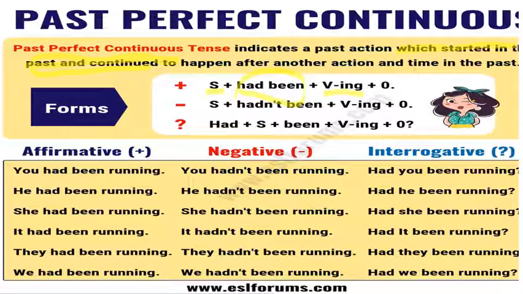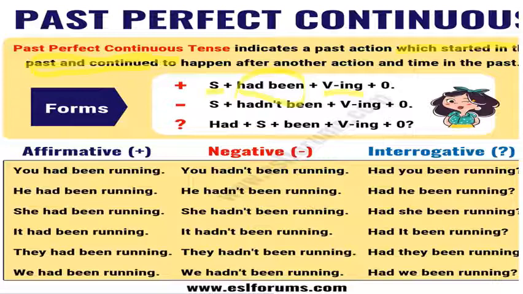Fine. Having talked about the simple past perfect, let's talk about the past perfect continuous. When do I use the past perfect continuous? It indicates that there is a past action. This action started in the past and it continued to happen for a while.